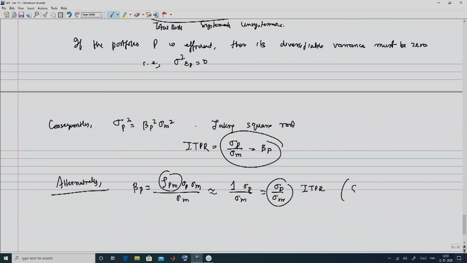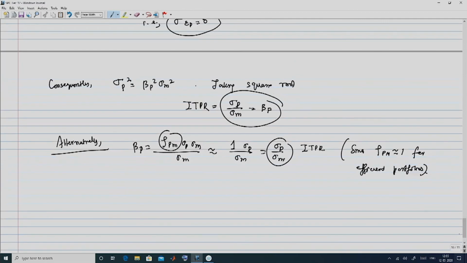And the reason is that rho pm is approximately 1 for efficient portfolios, which are well diversified portfolios, which is the reason why we took the unsystematic term to be equal to 0. Now, this entire premise of having ITPR equal to beta p is driven by the assumption that the portfolio P is going to be efficient.